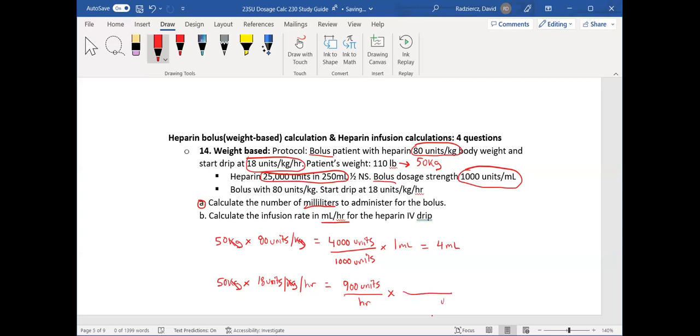So I have units down here because we're trying to get rid of that, and milliliters up here. Again, I'm going to use my IV solution, 25,000 units, 250 ml. And then we're just going to multiply across the top, divide by the bottom, and we're going to get 9 milliliters per hour.